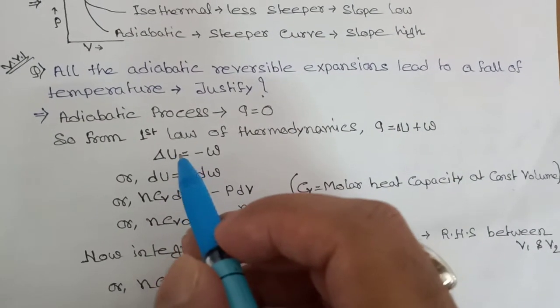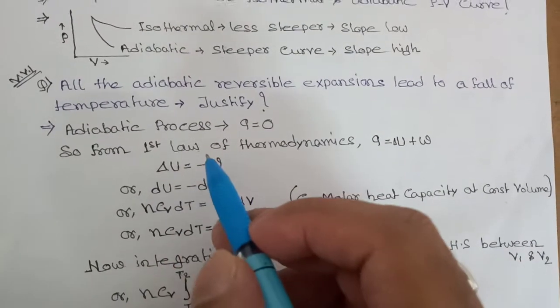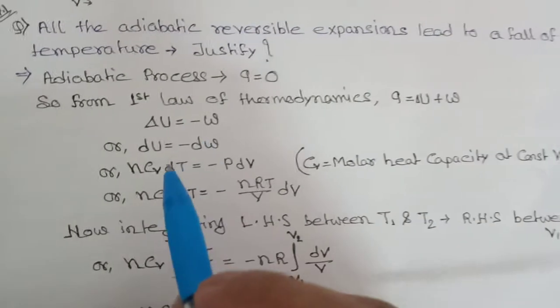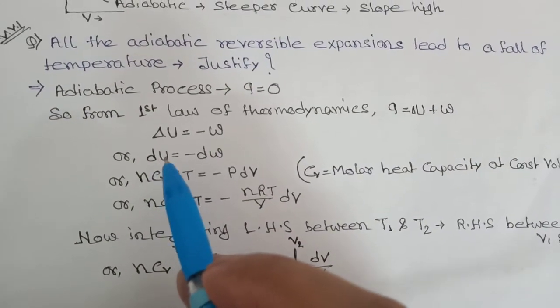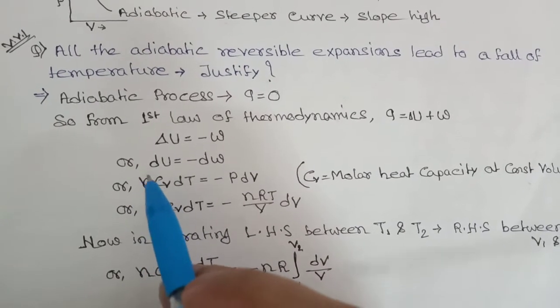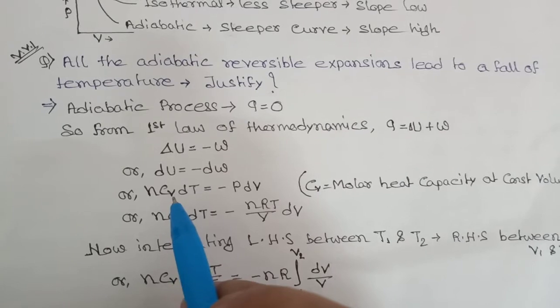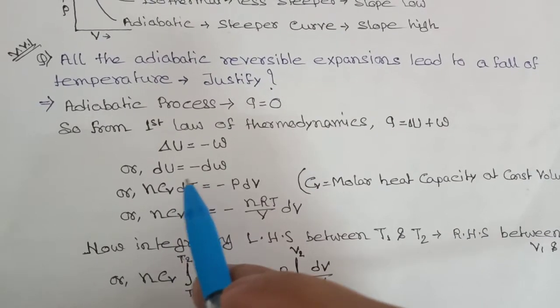Now we can write the differential form, dU and dW. Now dU, the change in internal energy, is equal to nCv dT, where n is the number of moles of gas, Cv is the molar heat capacity at constant volume, and dT is the change in temperature.